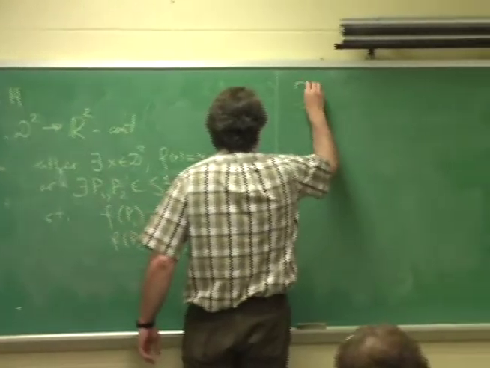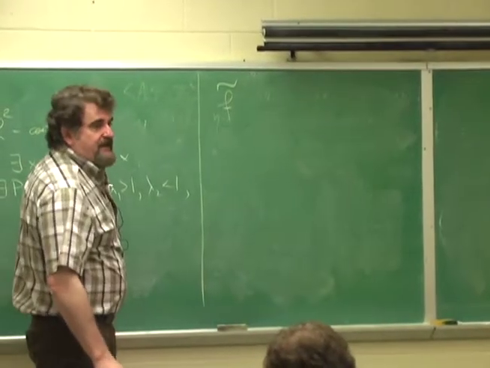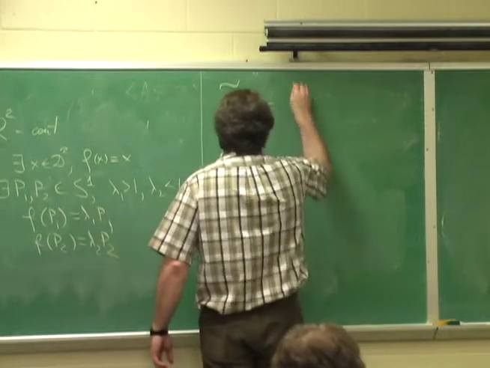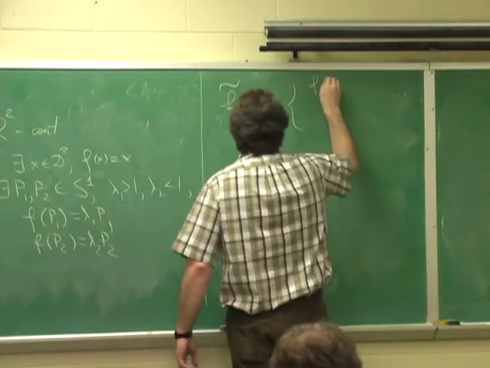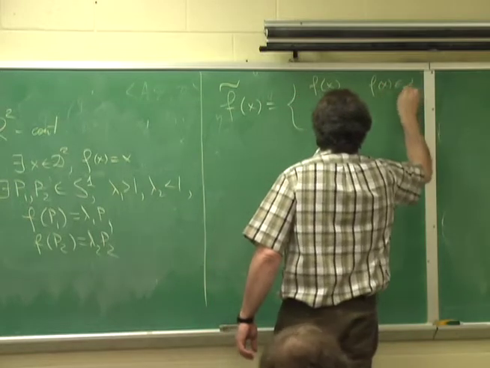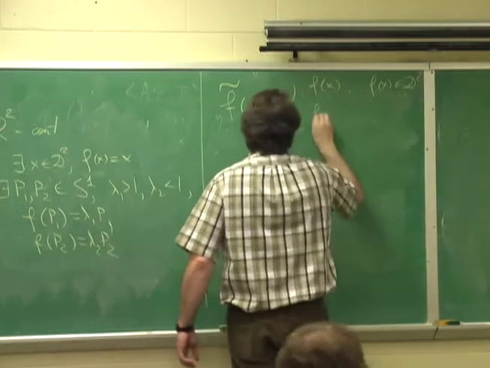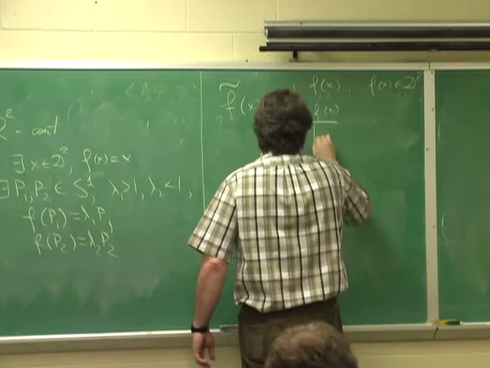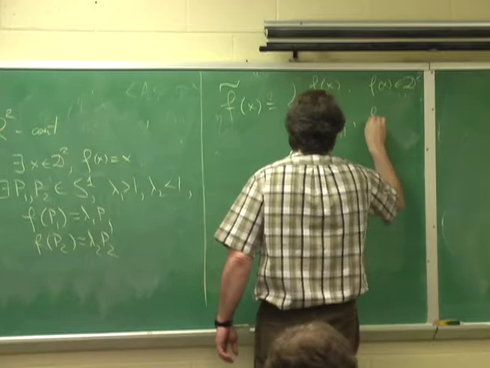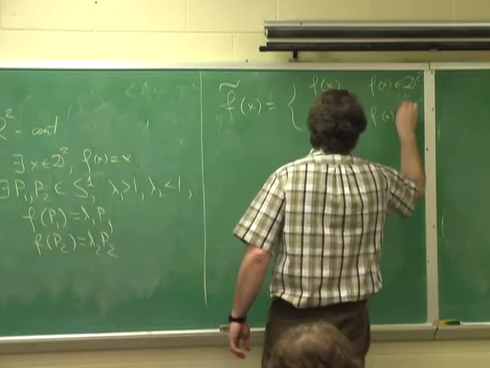Let me first introduce a mapping f tilde, which is simply f of x if f of x is in D2, and f of x over norm of f of x if f of x is not in D2.